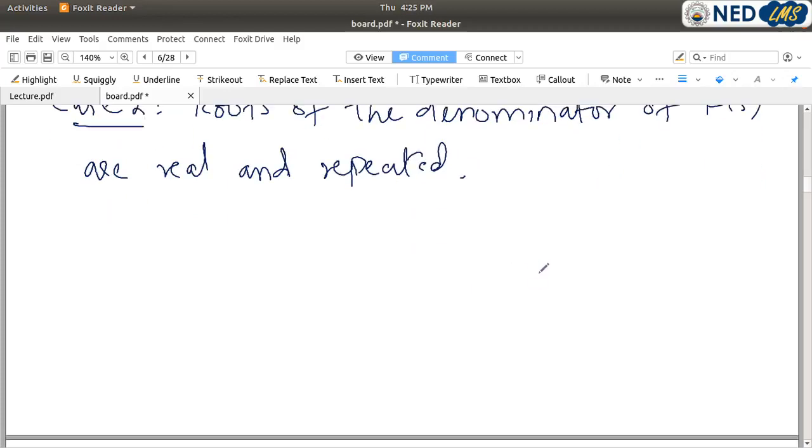Consider an example under this topic or case.